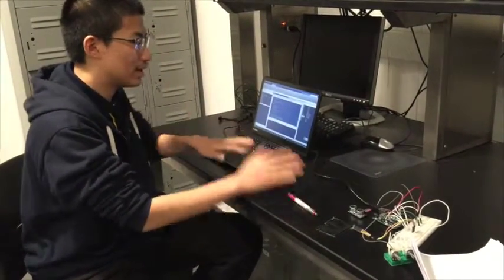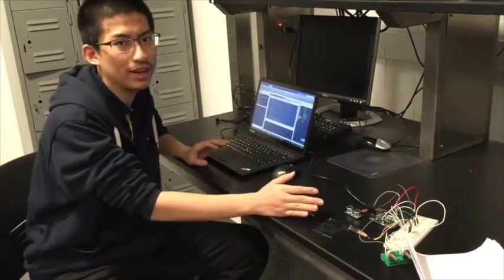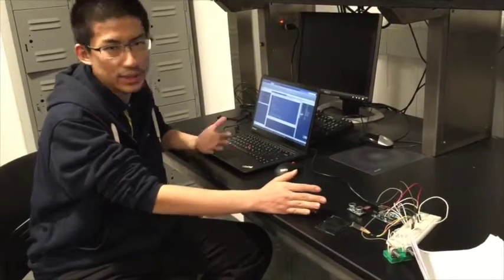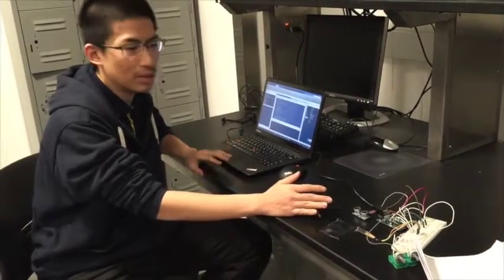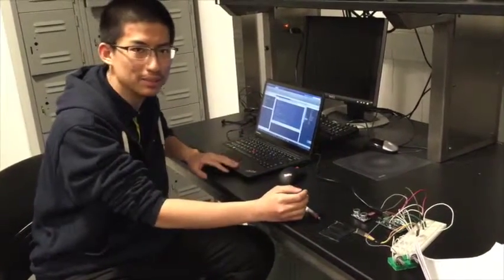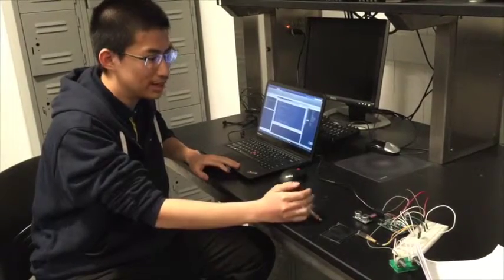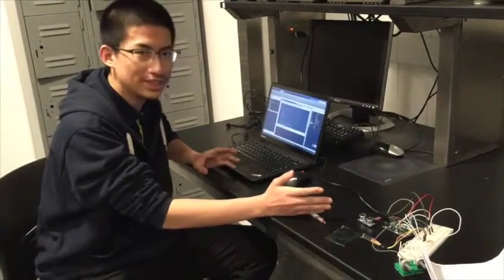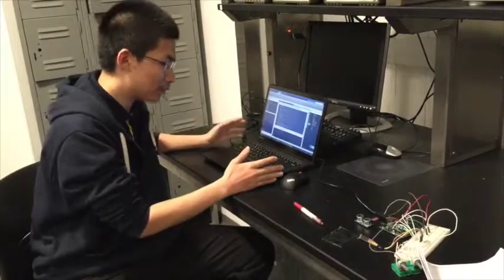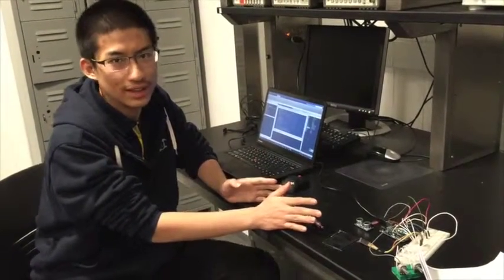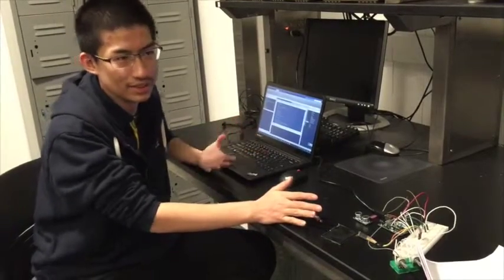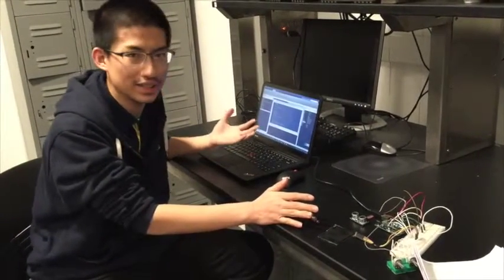How can we communicate between these two devices properly using an asynchronous communication protocol? We add a handshaking mechanism so that every time information is sent, both the computer and the microcontroller acknowledge it, and they can receive the information from each other correctly.